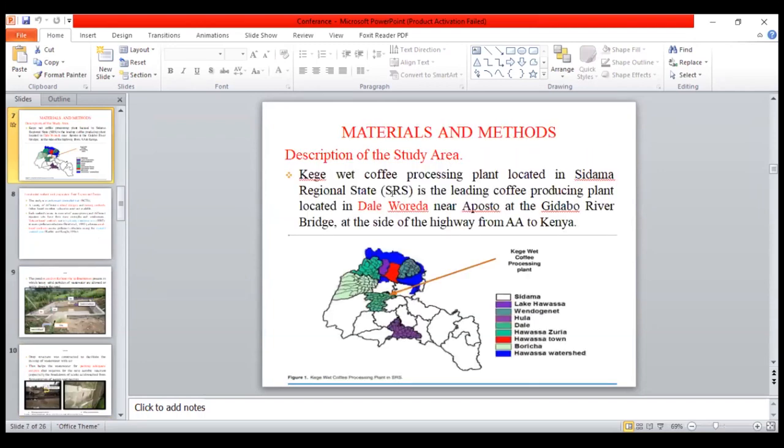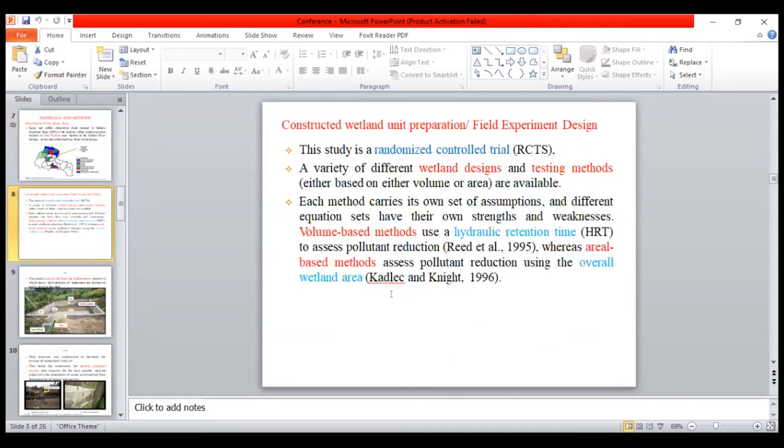This is the description of the study area. Kage is found in Sidama regional state, in Ethiopia, around the Gidabo River. As you can see, this is the Kage coffee processing plant site. Constructed wetland unit preparation.